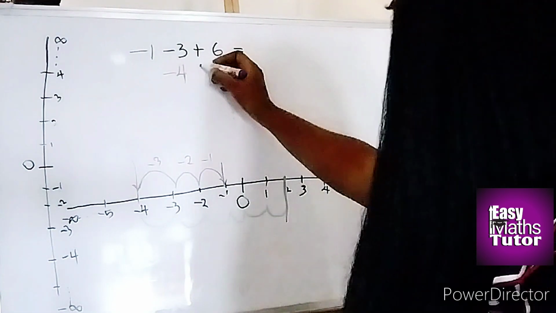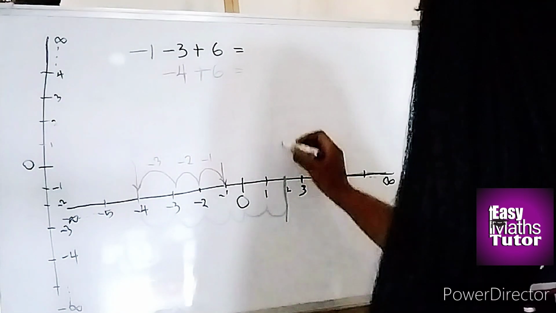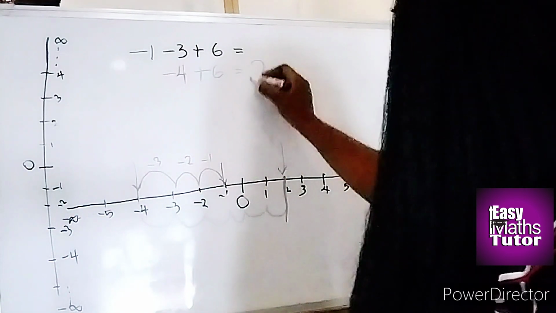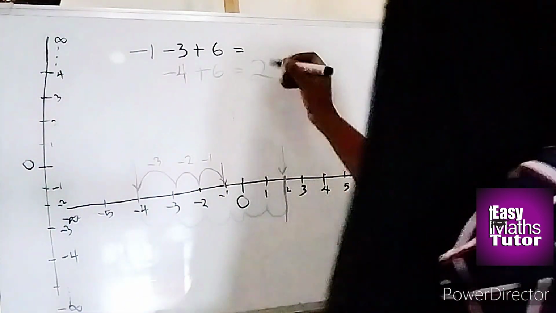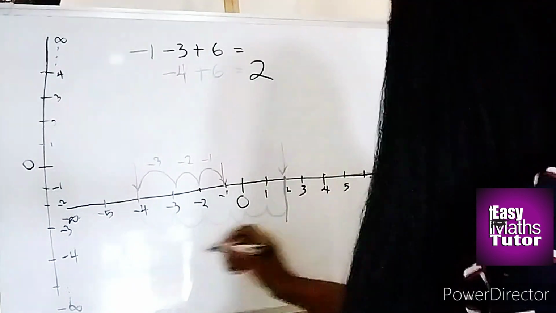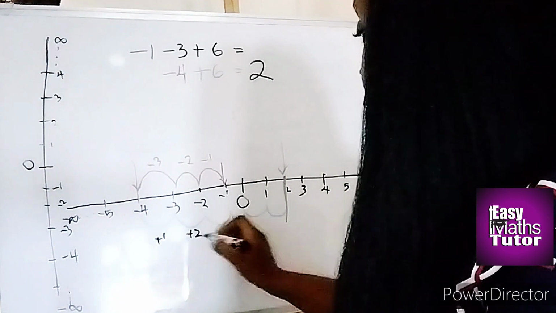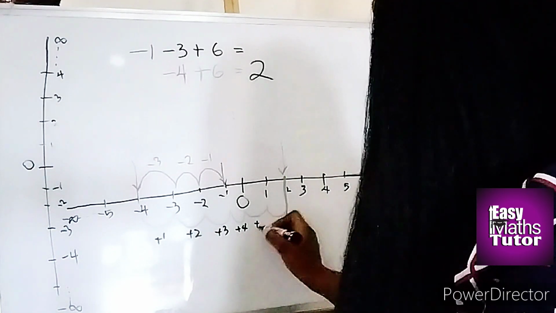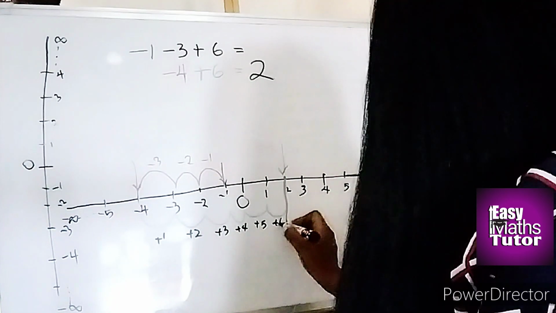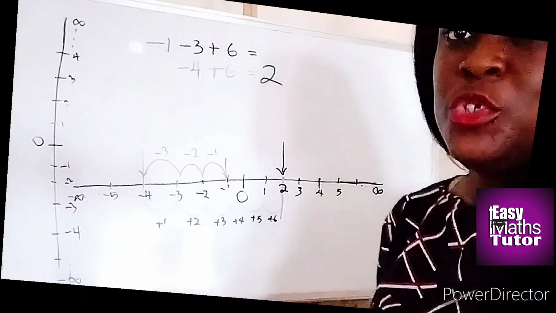We landed at +2, because we counted +1, +2, +3, +4, +5, +6. And we landed at 2.